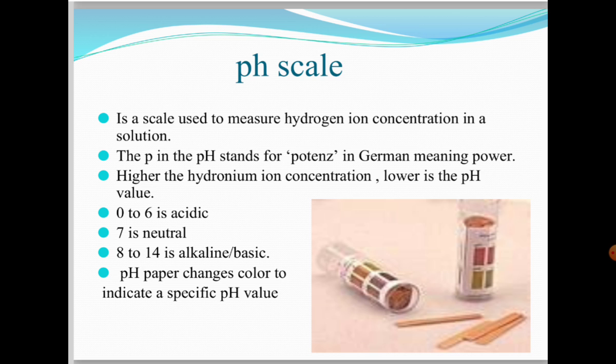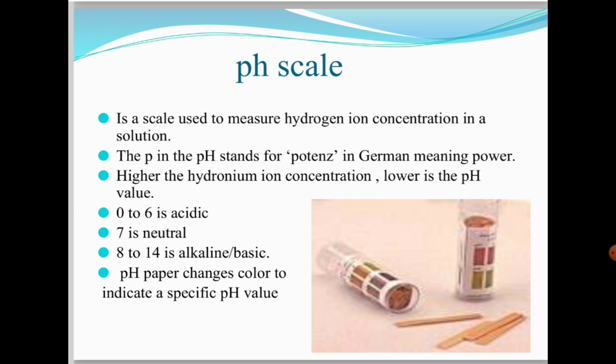0 to 6 is acidic, 7 is neutral, 8 to 14 is alkaline bases. pH paper changes color to indicate a specific pH value.